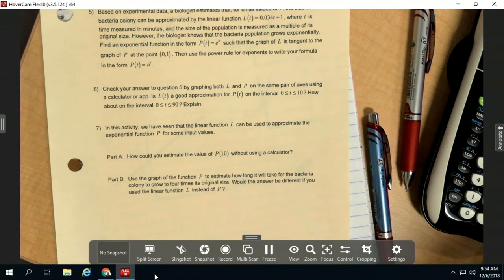How could you estimate the value of p of 10 without using your calculator? In calculus, we make a big deal out of linear approximations of exponential functions. Don't know why, but we do. And what they're saying is this: if you can get it down where you have a percent, and that percent is small enough, it will be essentially the same as the exponential function to that power.